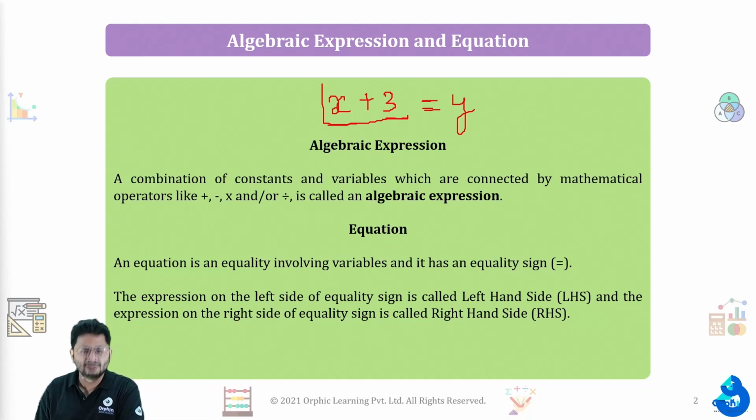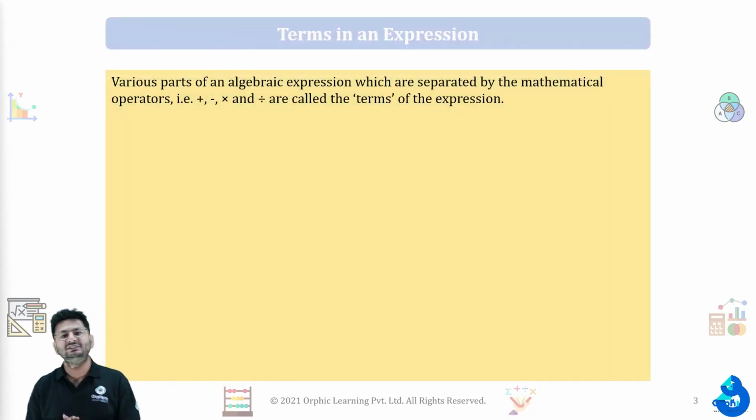So the definition goes like this: an equation is an equality involving variables and it has an equal to sign. The expression on the left hand side of the equality is called the left hand side. जो लेफ्ट हैंड साइड इक्वल टू साइन के होता है उसको हम LHS बोलते हैं, that is short for left hand side. और जो राइट हैंड साइड पे होता है उसको RHS बोलते हैं, that is short for right hand side. Right? Okay.